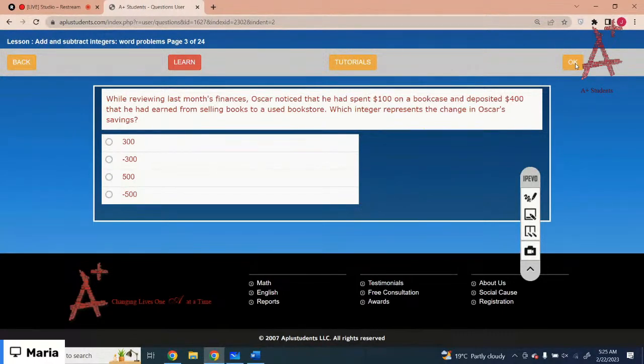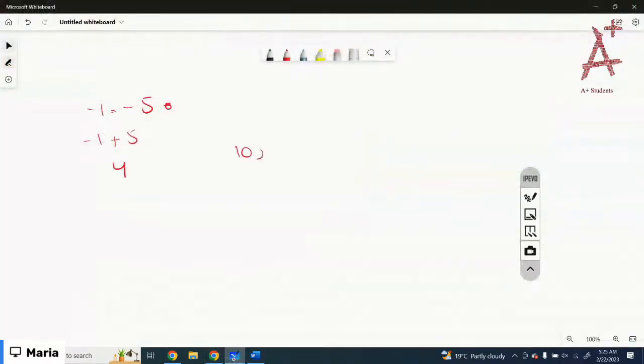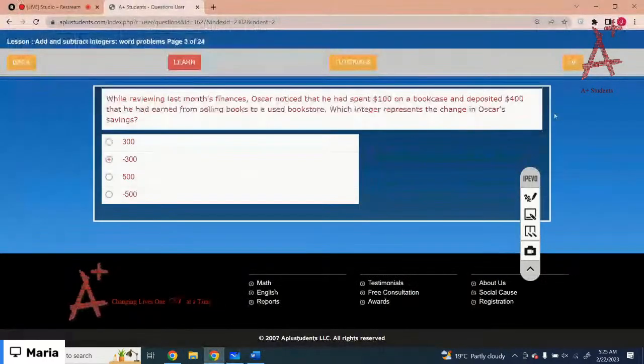So he spent the 100 and deposited 400. It is then 100 minus 400. It is then negative 300. So the correct option is negative 300.